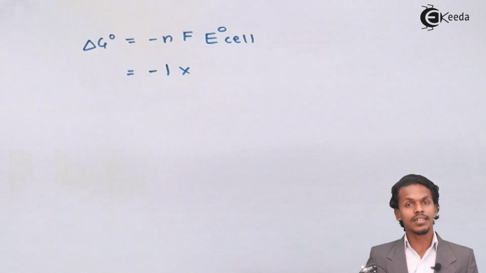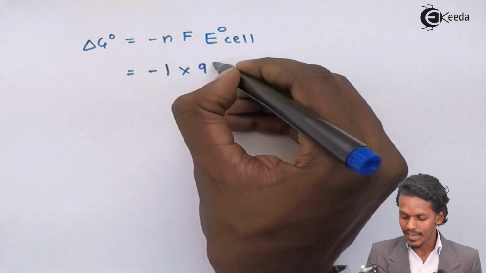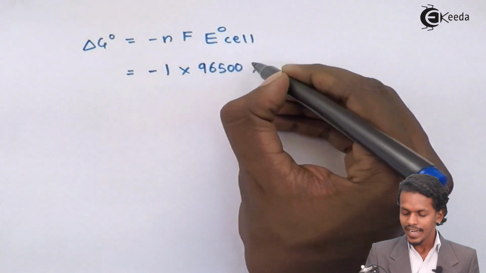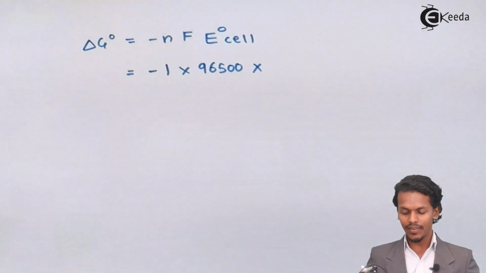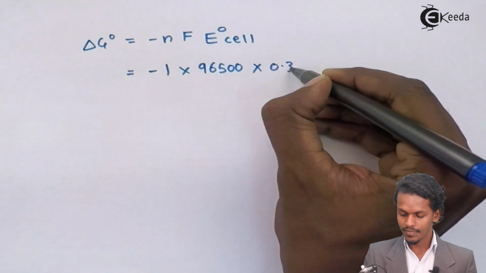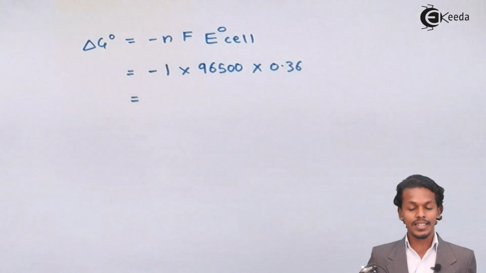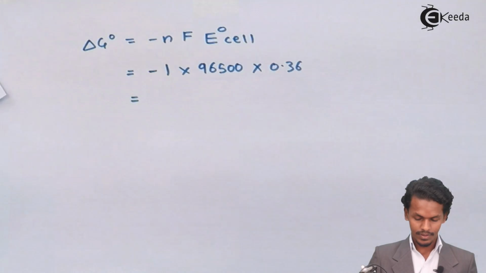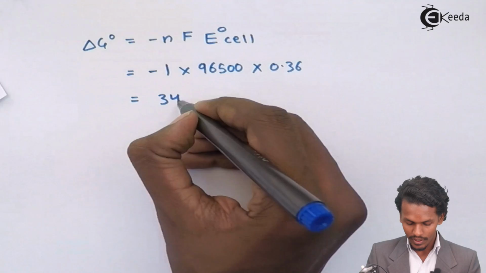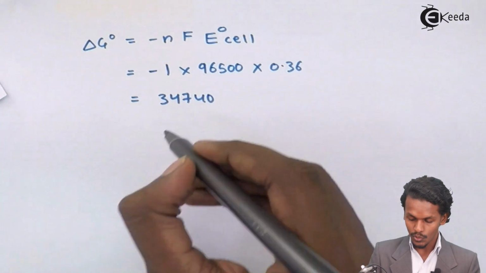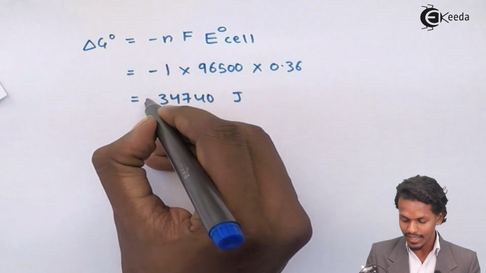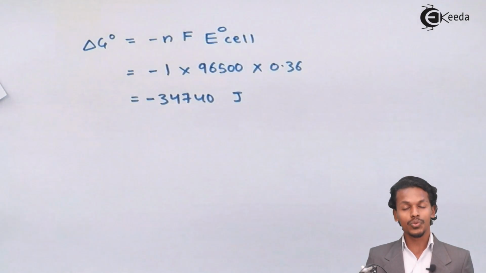Into we know the Faraday constant, which has a value of 96500 coulomb per mole, into E naught cell. The E naught cell value that we calculated recently was found to be 0.36 volt. So now let us see the overall answer. We have got a value of 34740 joules, but this is negative, so I can write it as minus 34740 joules.